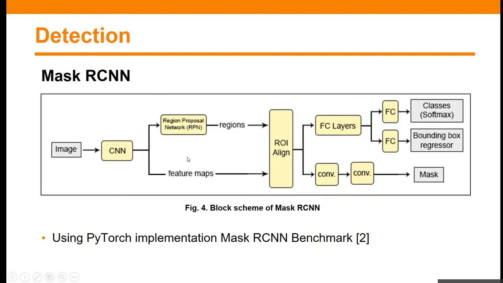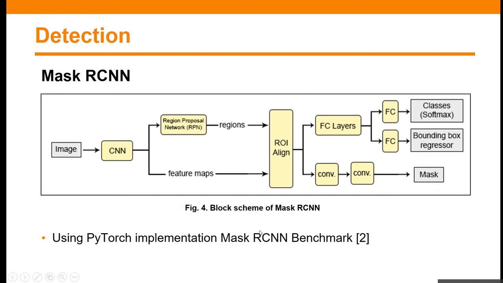Mask RCNN is basically an extension of Faster RCNN, which consists of a two-stage process. The first stage is to extract regions of interest using CNN networks and region proposal networks. And when we have these regions of interest, we apply fully convolutional layers to extract the bounding boxes and convolutional layers to extract the mask for every pixel.